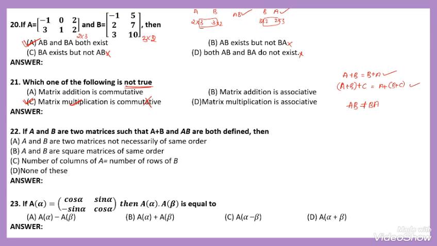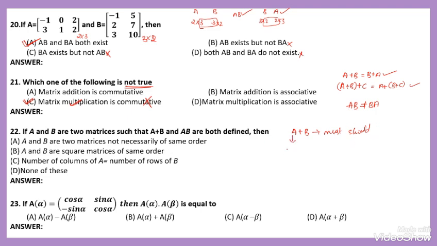Question 22. If A and B are two matrices such that A plus B and AB are both defined. Here A plus B is defined, so the orders of the matrices must be the same.